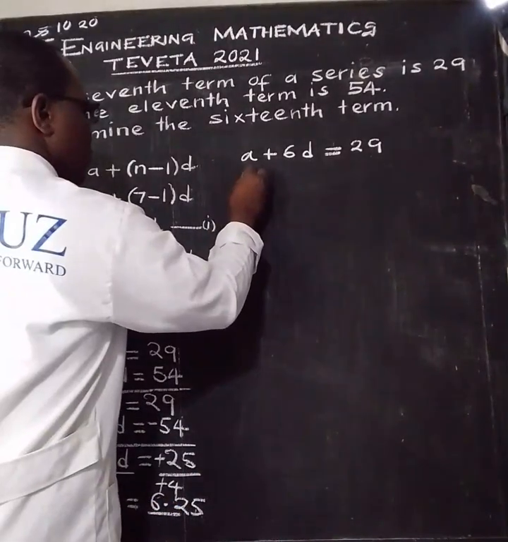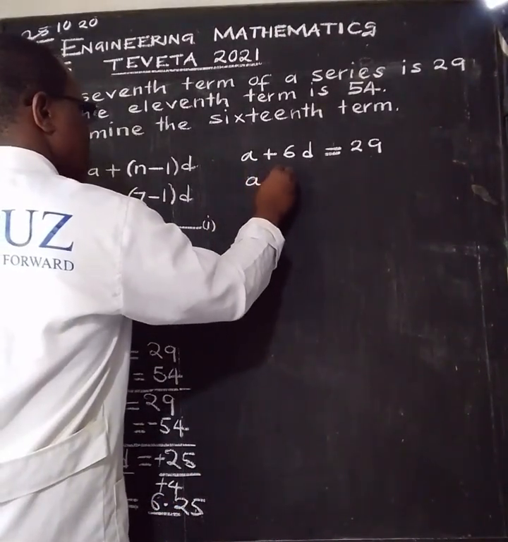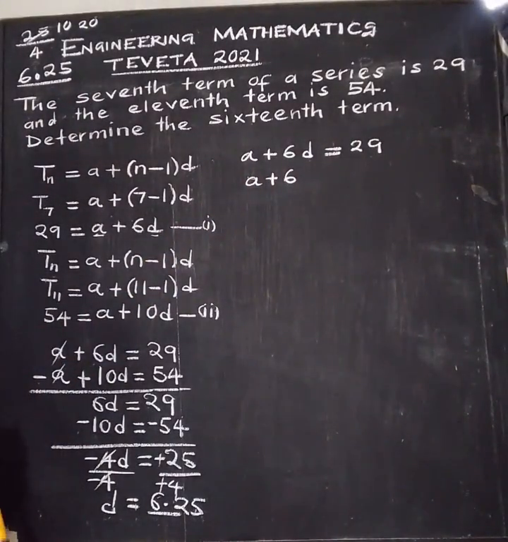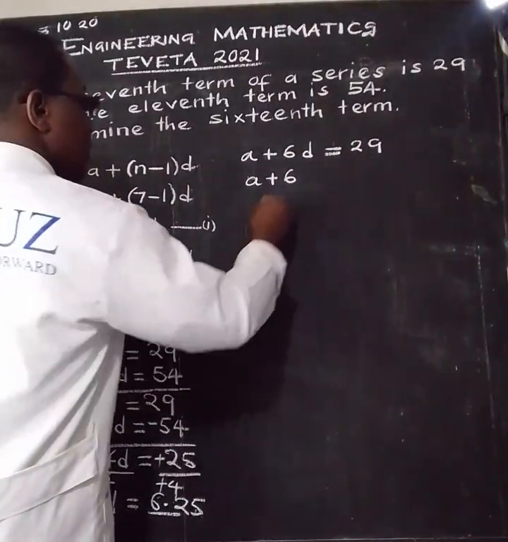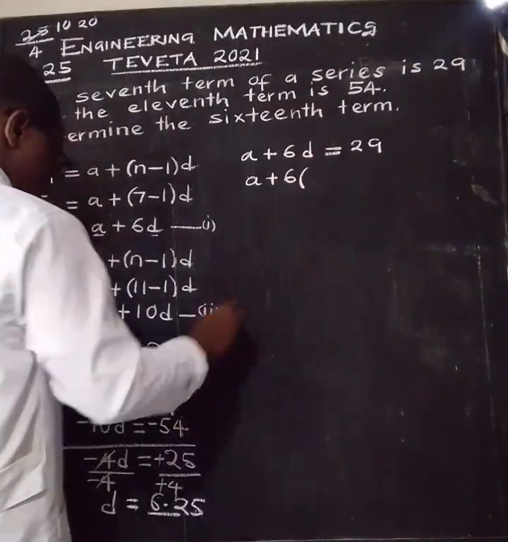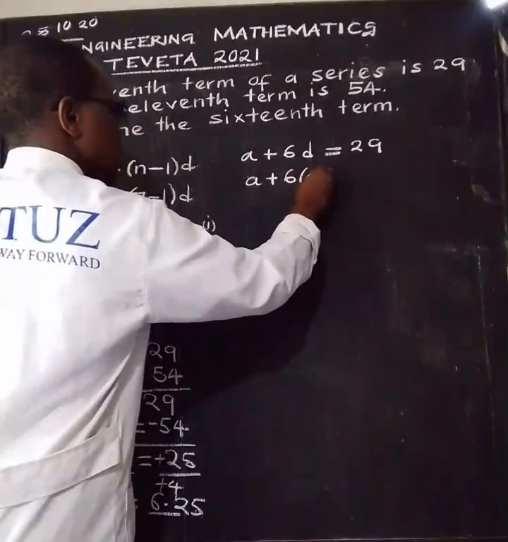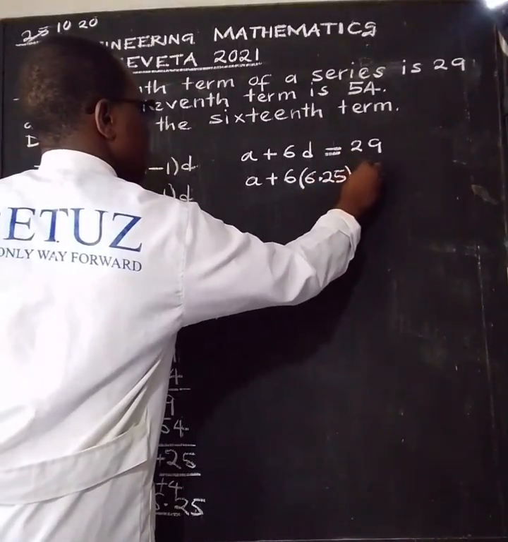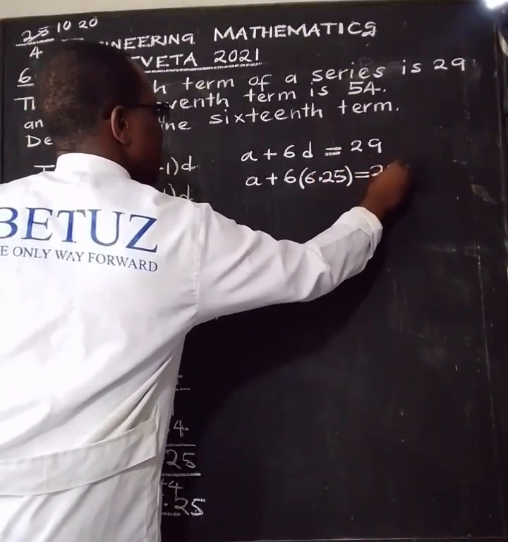So we're going to say a plus 6, and where there is d, put 6.25, is equal to 29.